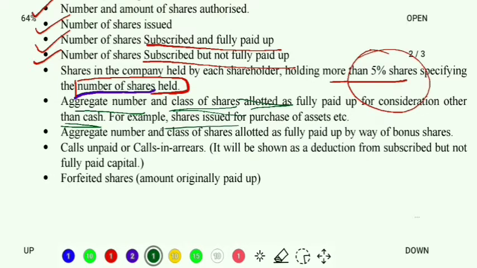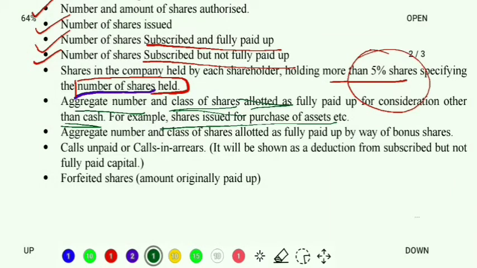For example, shares issued for purchase of assets. Now understand this. When generally assets are purchased, what do we give in return? We give cash in return. But sometimes it happens that instead of cash, shares are given out in consideration for a purchase. So details of such shares have to be specified.